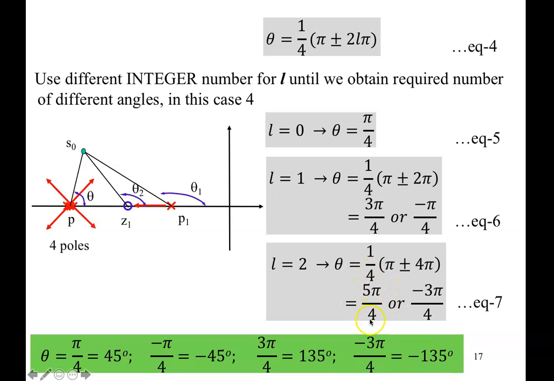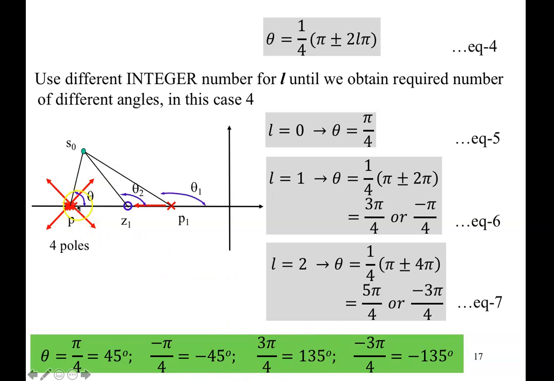Now you might say, well, what about 5 pi over 4? This is actually the same. If you minus 2 pi from this, that's the same as minus 3 pi over 4. So it's the same answer, and we're not really getting anything additional. It's a repeat, going around one more cycle. So I have 4 different angles.